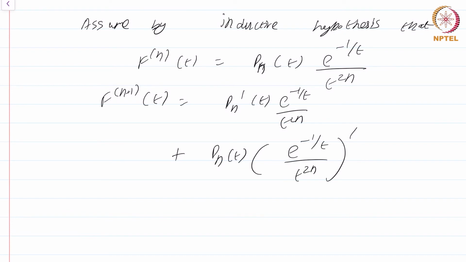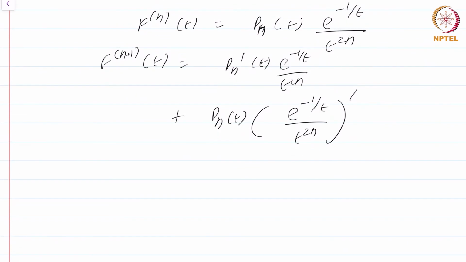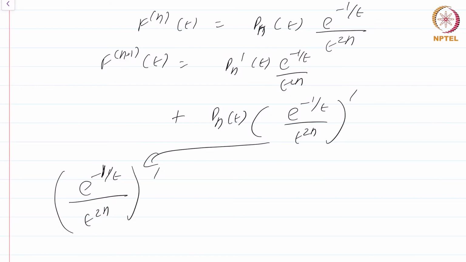Okay, now how do you differentiate this? I'll just concentrate on this term, e power minus 1 by t by t power 2n. The derivative of this is going to be nothing but e power minus 1 by t divided by t power 2n plus 2. I'm essentially differentiating the numerator, which is e power minus 1 by t, which is going to give minus of 1 by t squared and another minus sign. Both will get cancelled, so I'll get 1 by t squared.